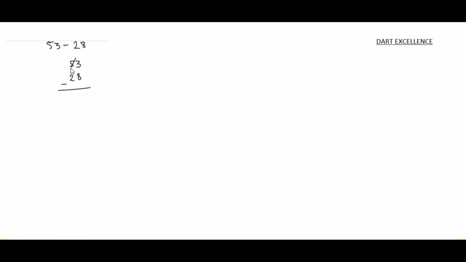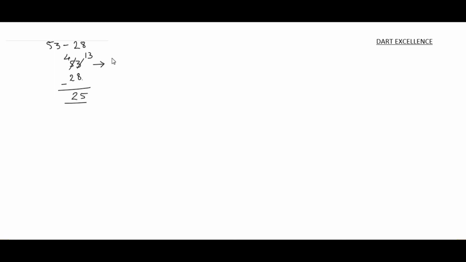From 5 we will borrow 1 ten. So 5 will become 4 and 3 will become 13. Now we can subtract 8 from 13. By subtracting 8 from 13 we will get 5. And in tens place, when we take away 2 from 4, we will get 2. So our answer will be 25.